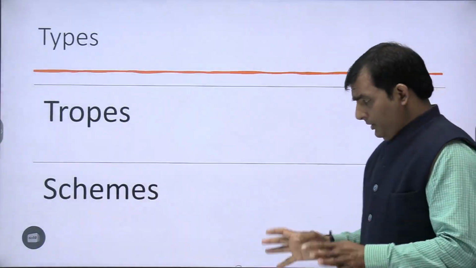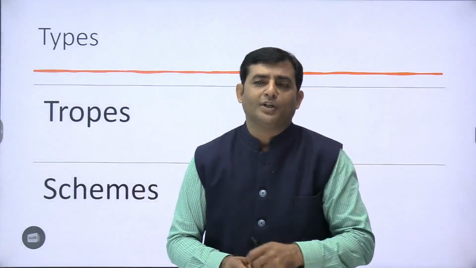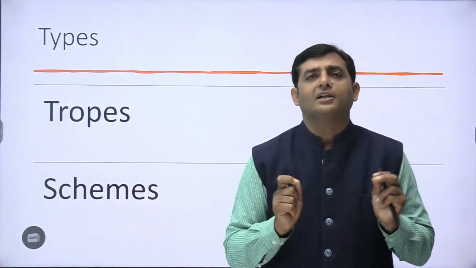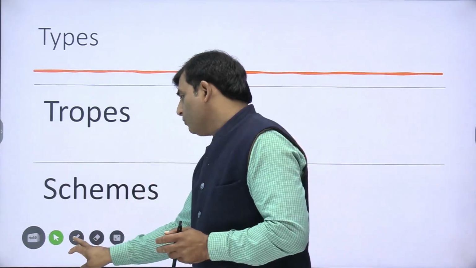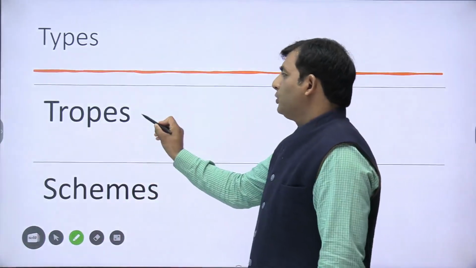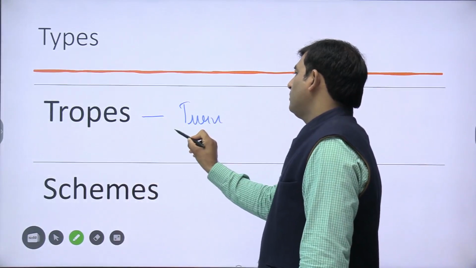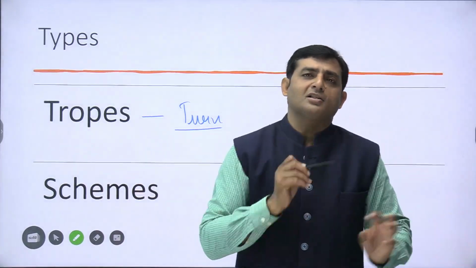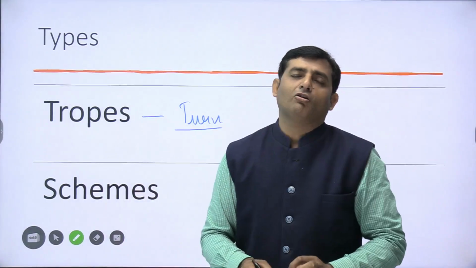All right. Figures of speech are of two types, tropes and schemes. Tropes and schemes, there are two types of figures of speech. What do you mean by trope? Trope means turn. When you say something and it denotes something else, कहते कुछ है आप, meaning कुछ और होती है, that is called trope.